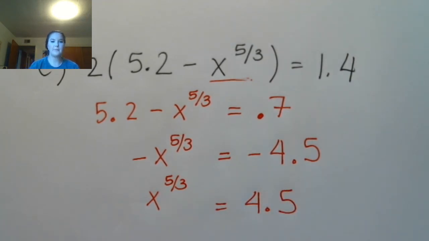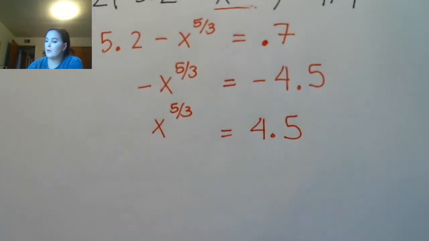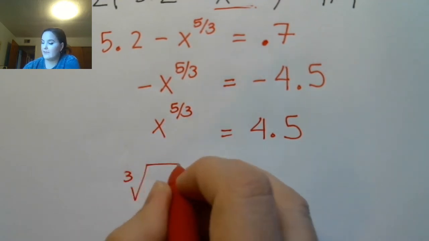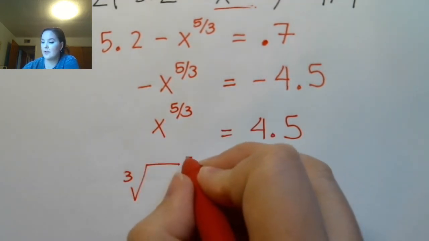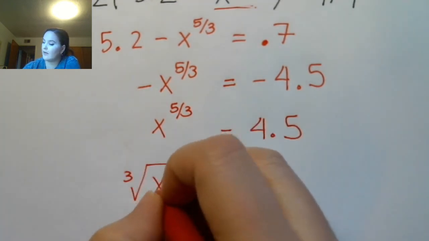All right. Now I'm going to change to the root form of this. The denominator is my index, and the numerator is my exponent. The base becomes the radicand.